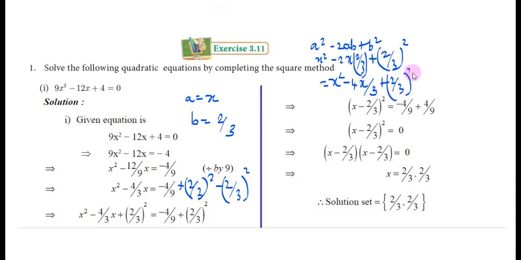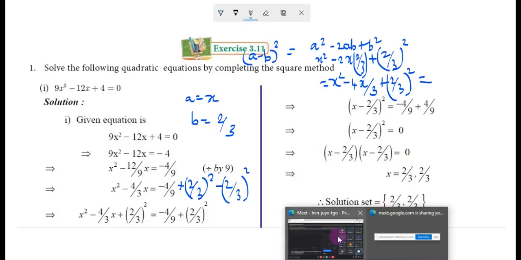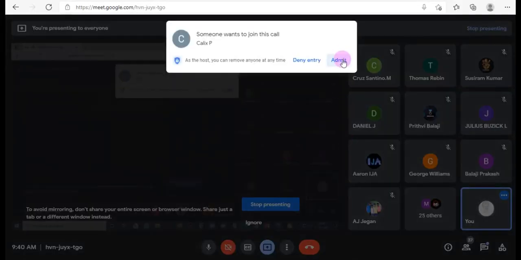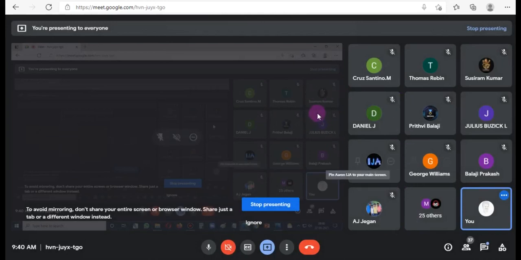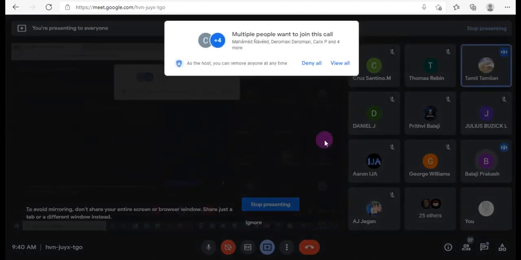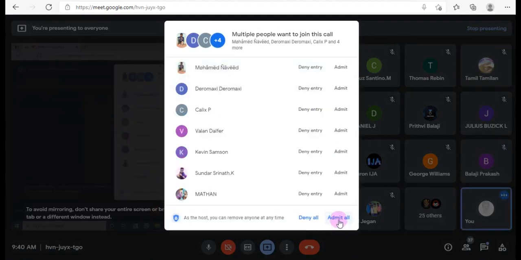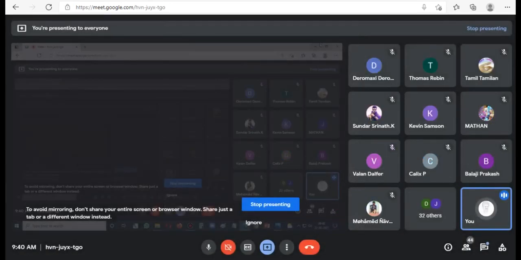So for the right hand side expression we got a minus b the whole square. So we may equate this with a minus b the whole square. Understood? Okay, anyone having doubt? No sir, no sir. Okay, good. If you have doubt you may ask.